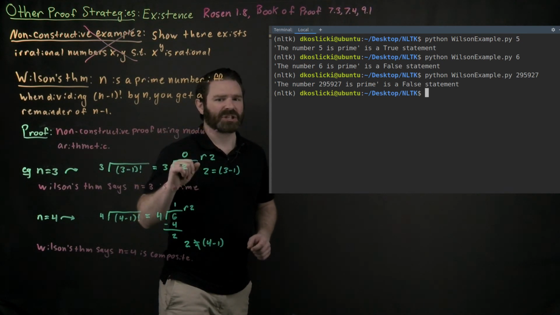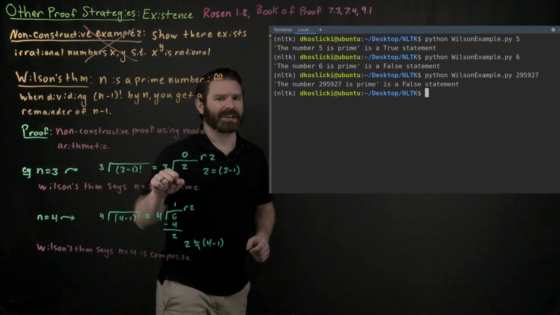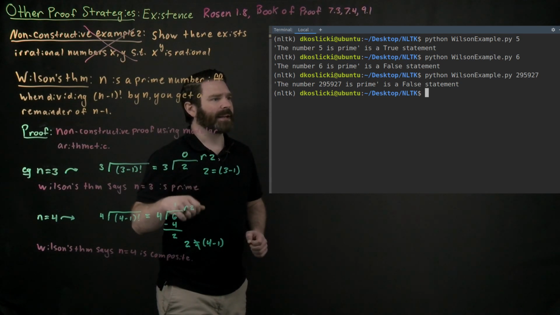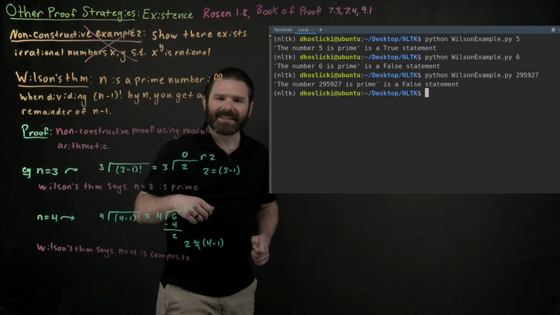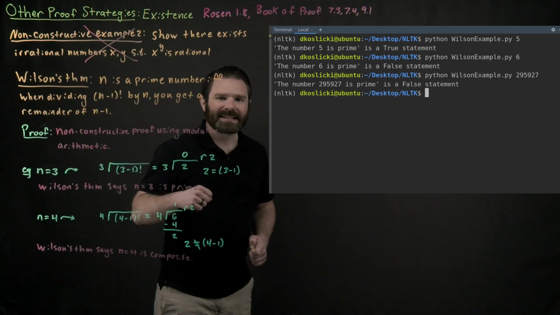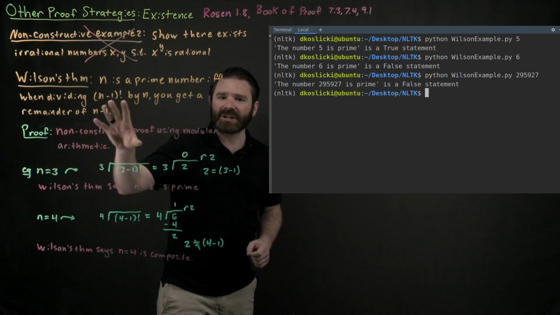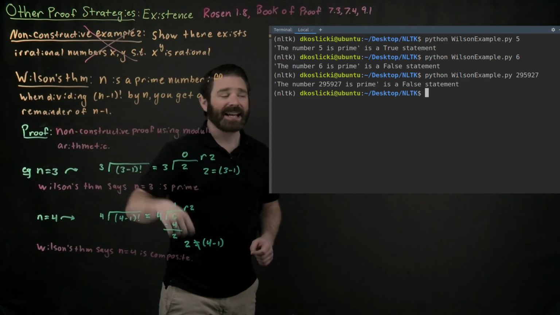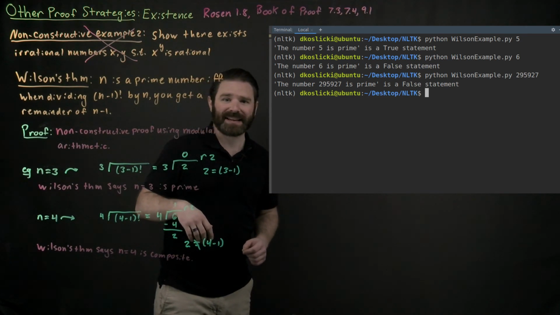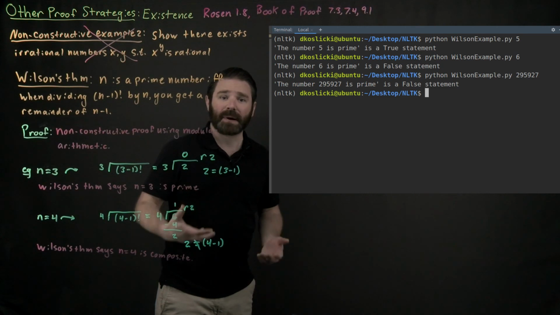If we plug in that number, it's going to take a little bit. This is an inefficient algorithm because calculating the factorial of that number minus 1 is going to take a while. But in any case, it returns back false. Ah, that number is not a prime number. But since this is a non-constructive proof, it has told us that this really large number, 295,927, is composite.